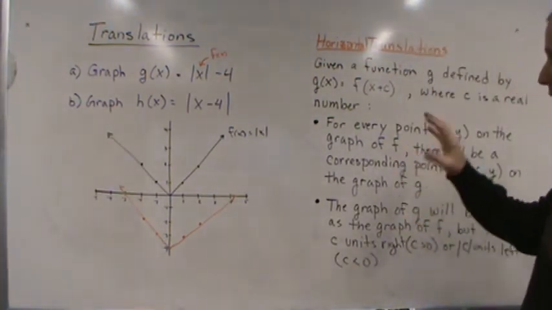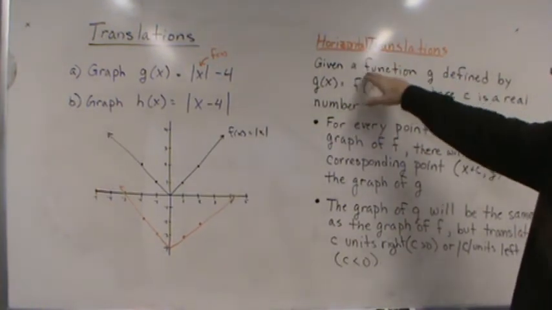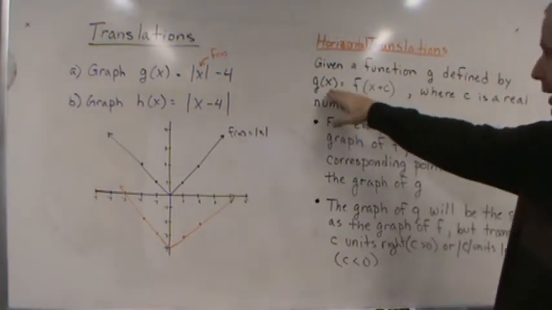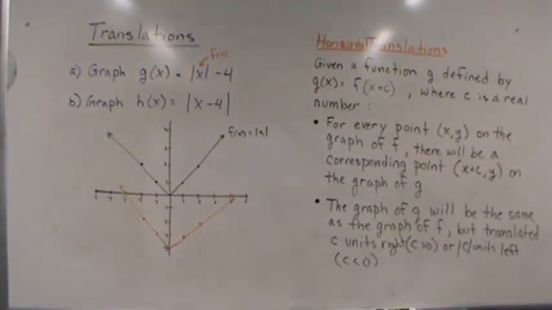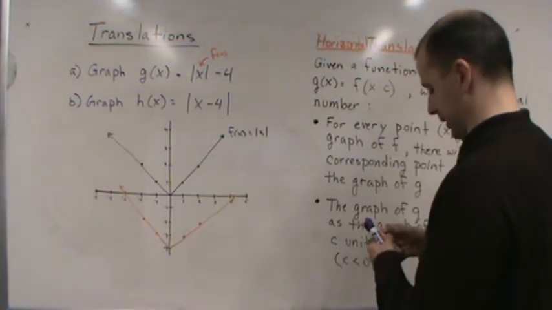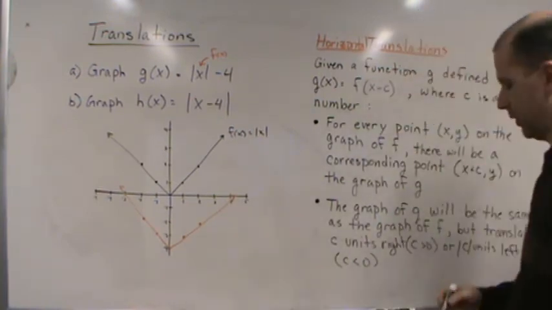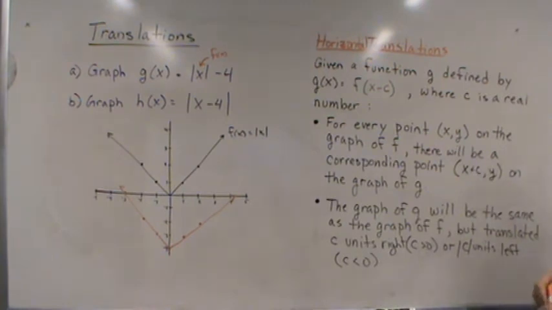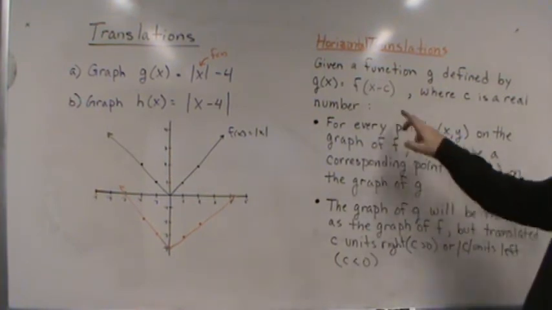So let's go over it one more time. For horizontal translations, a given function g is defined by g of x equals f of x minus c. I'm sorry, I said x plus c before, that's wrong. It's x minus c.